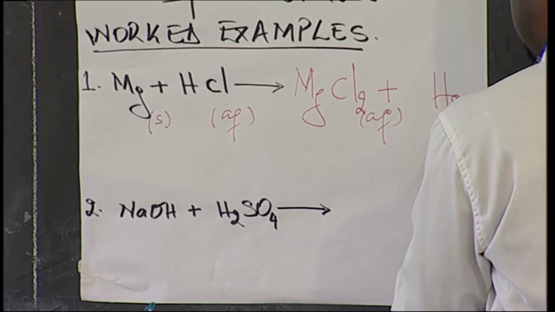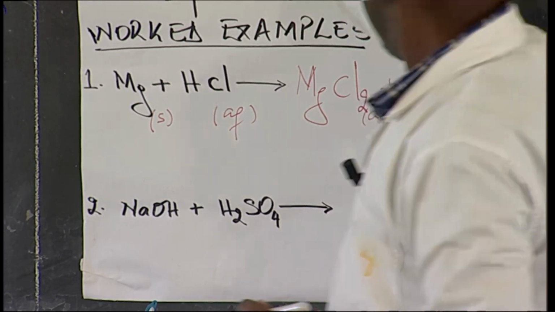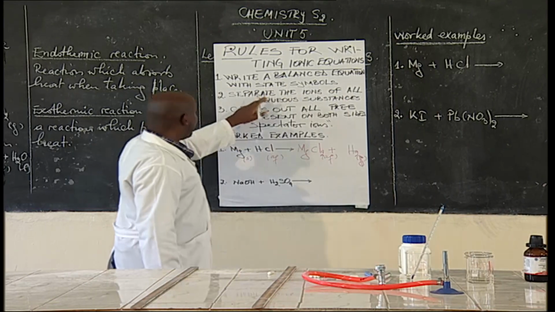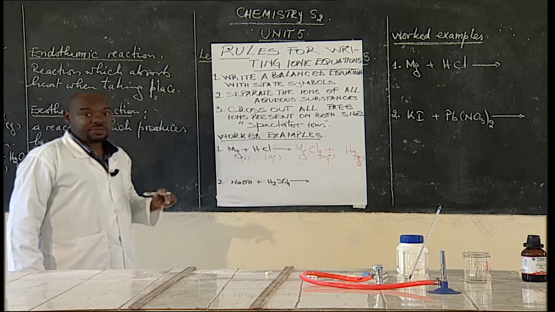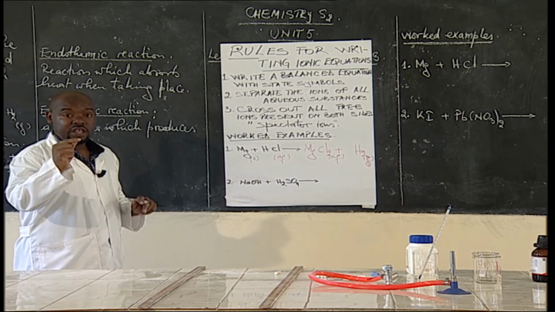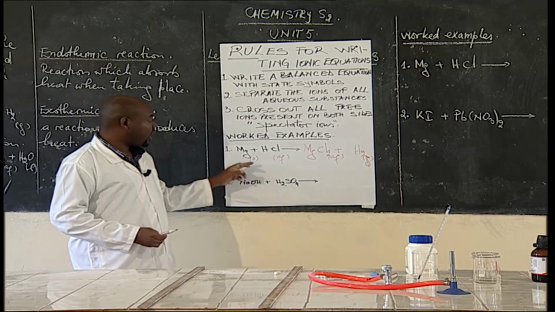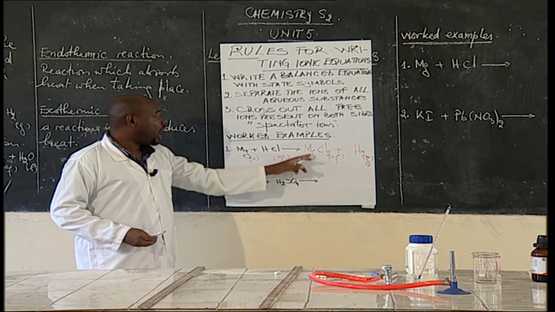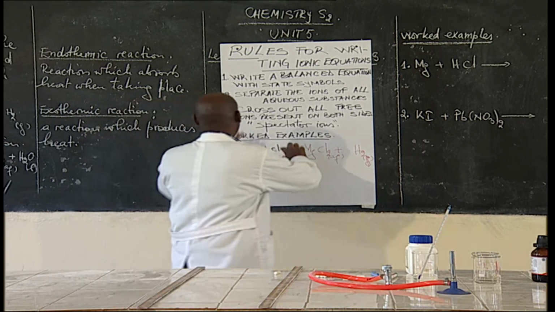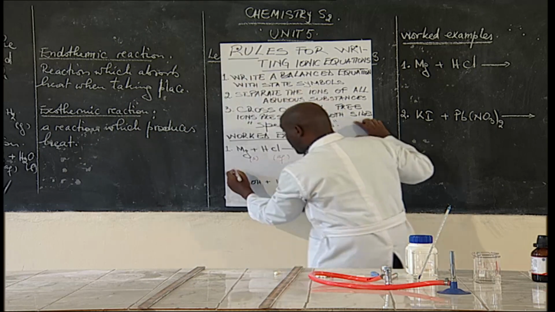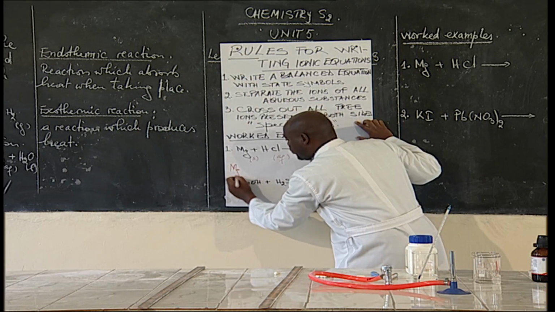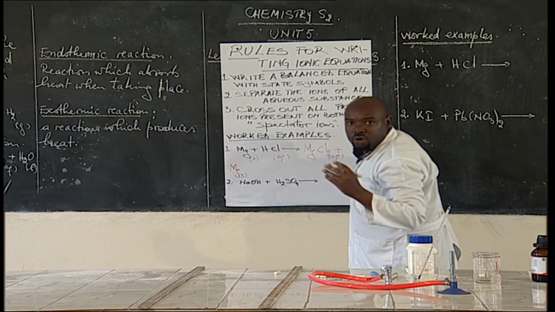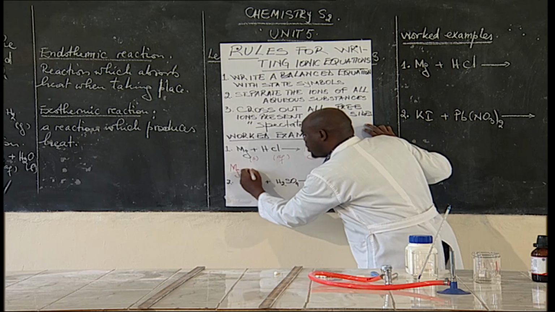Rule number 2, we separate the ions of all aqueous substances. Let us separate the ions. Aqueous substances we have are hydrochloric acid and magnesium chloride. So our equation becomes magnesium solid. Remember to always put the state symbols.